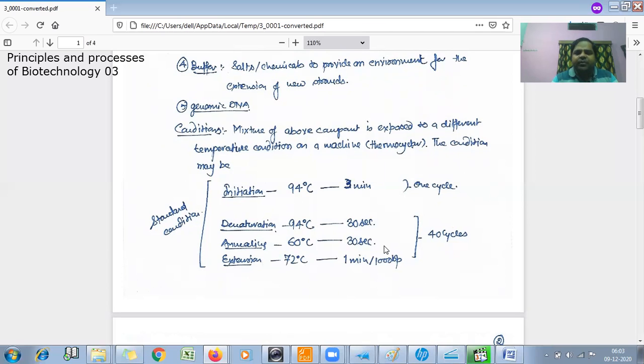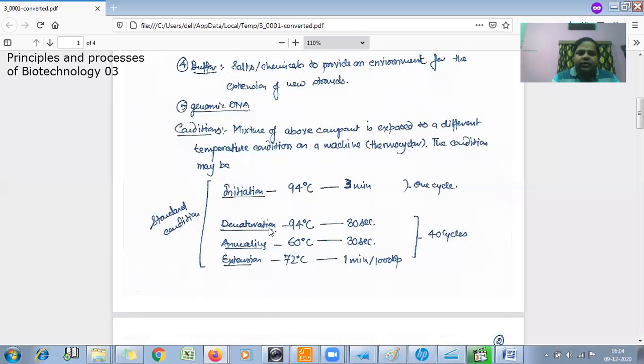per 1000 base pair. It means for the preparation of 1000 base pair of DNA, we should provide 1 minute. If I want to amplify, or get the desired DNA fragment of 2000 base pair, then I will provide 72 degrees centigrade for 2 minutes.